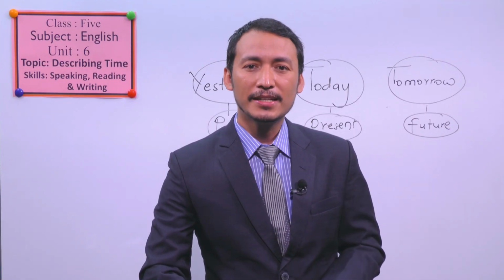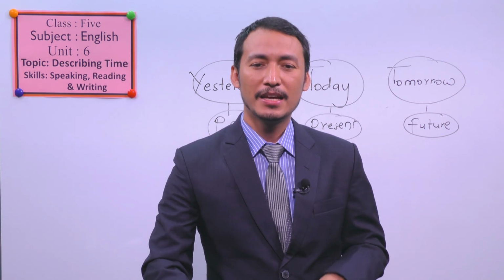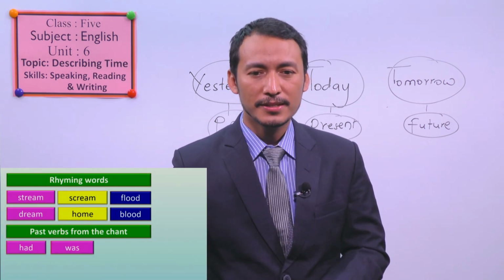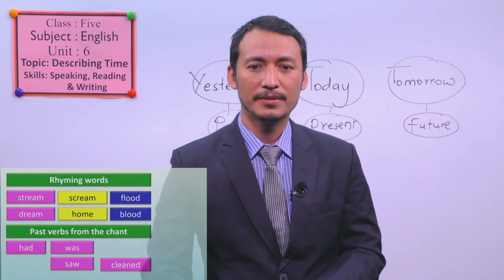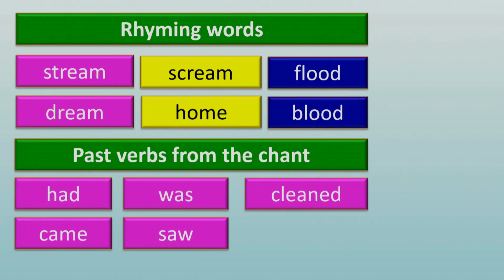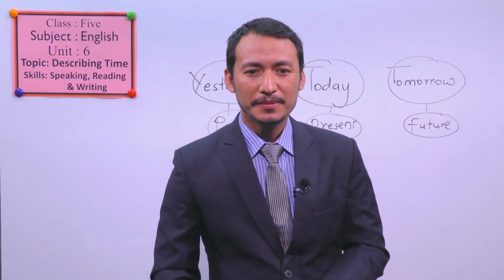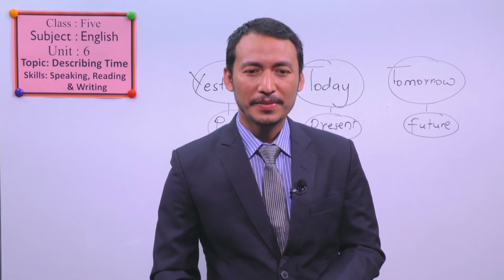Now let's look at the past verbs from the chant. Had, was, saw, cleaned, came, woke up. These are the past verbs. Do you know the present forms of these words? Okay, I'll tell you. Please note it down.